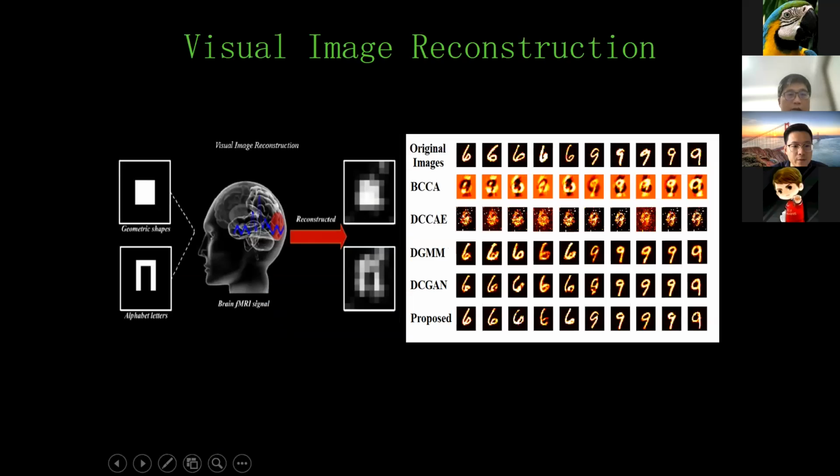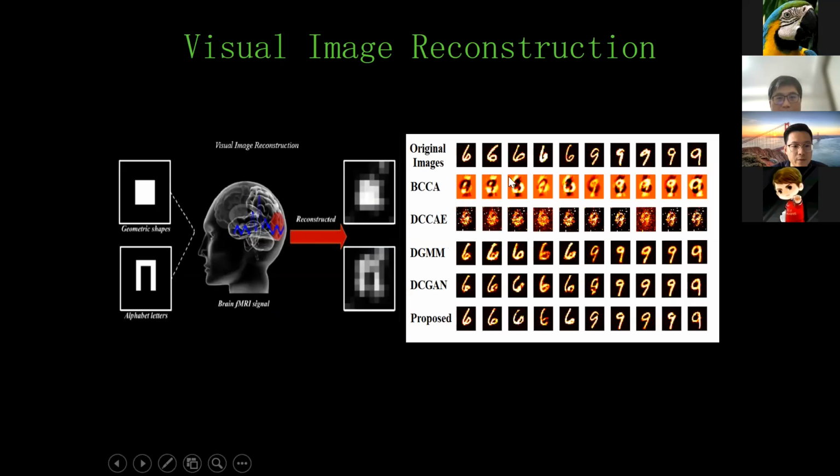And finally, we can also perform some visual image reconstruction. That is, when a person sees different images, instead of decoding, we want to reconstruct what the person is seeing.